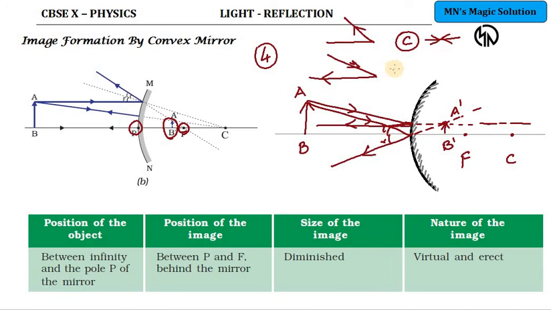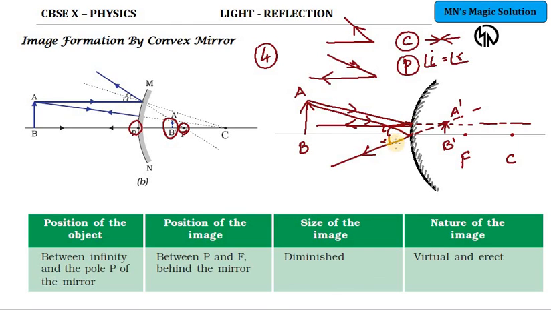The way it went, it comes back along the same way. And the fourth one, if it passes through the pole, in that case the angle of incidence is equal to the angle of reflection. So in the ray diagram, I have made use of a line which is going through the focus and after reflection passes parallel, and a line that touches the pole, which makes sure that the law of reflection is satisfied: angle of incidence is equal to angle of reflection.